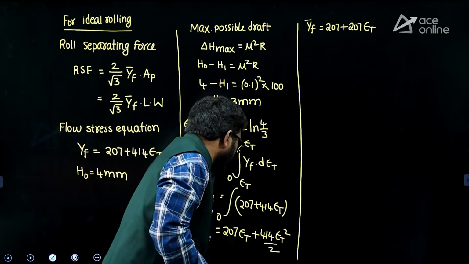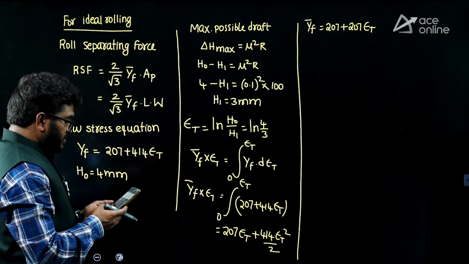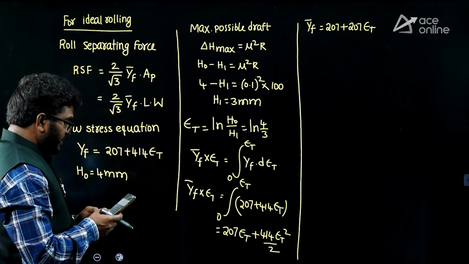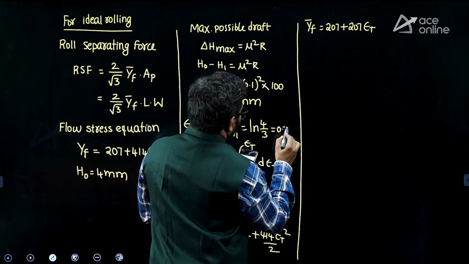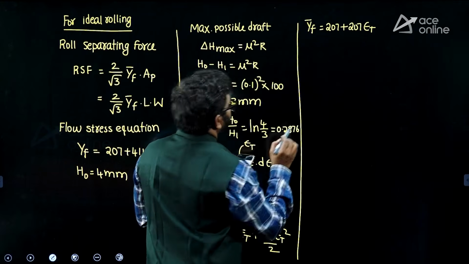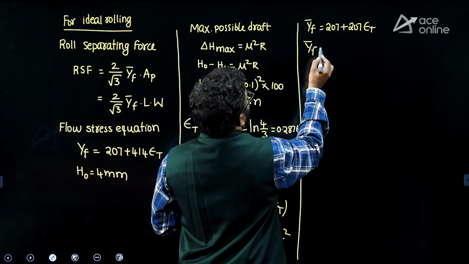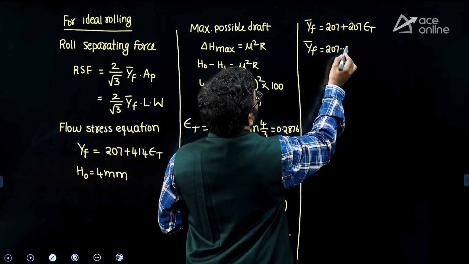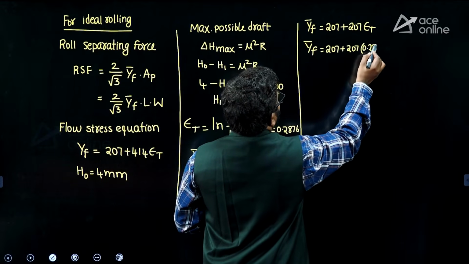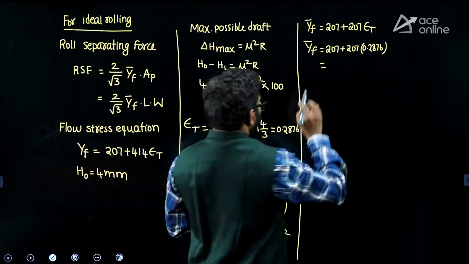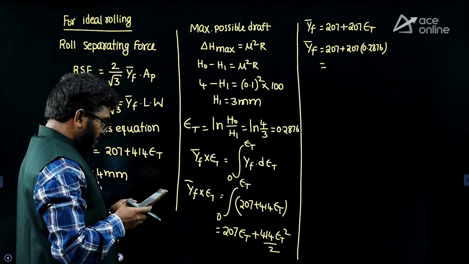So what is epsilon t here? Tell me, what is epsilon t? ln 4 by 3, this is 0.2876. Now I will substitute y bar f is equal to 207 plus 207 into 0.2876.